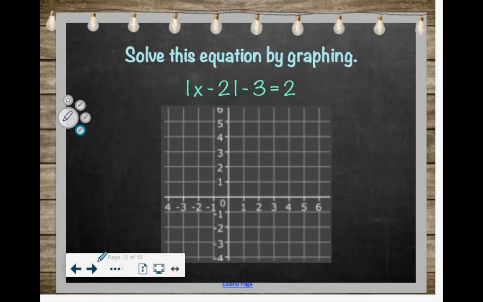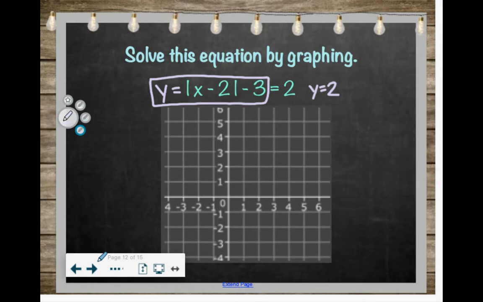Now let's try solving an equation. So when we're solving the equation, we're basically going to act like y equals the left side, and then y equals the right side. So you're going to graph both of these lines.